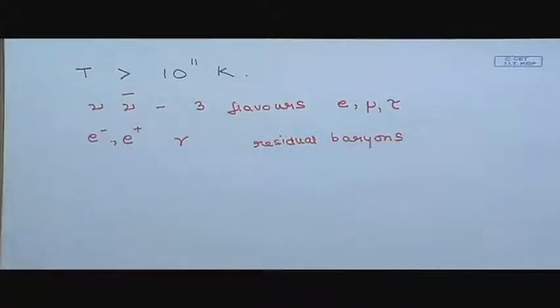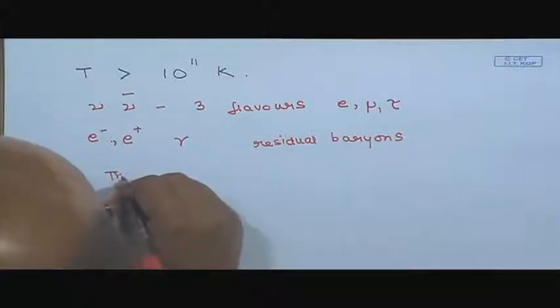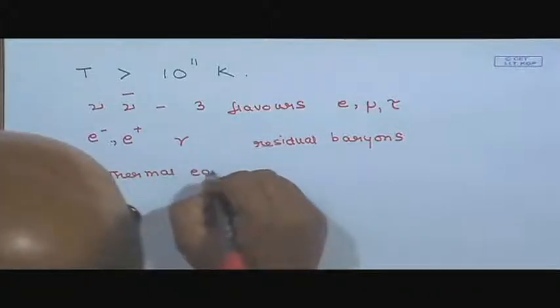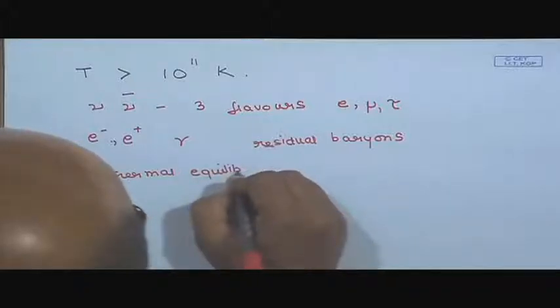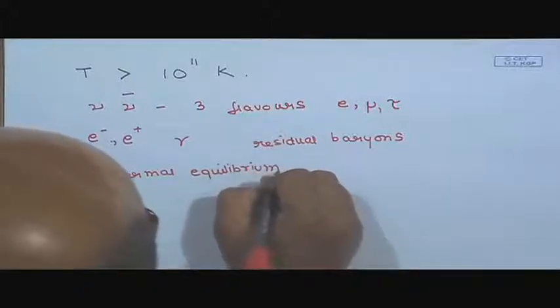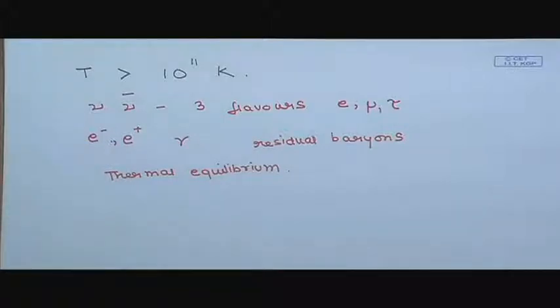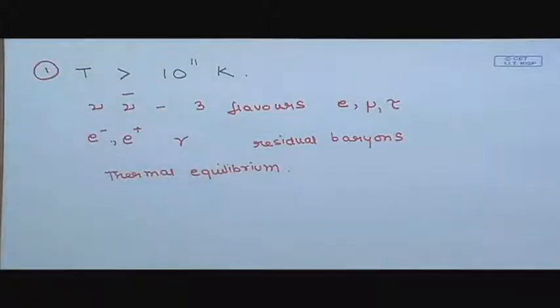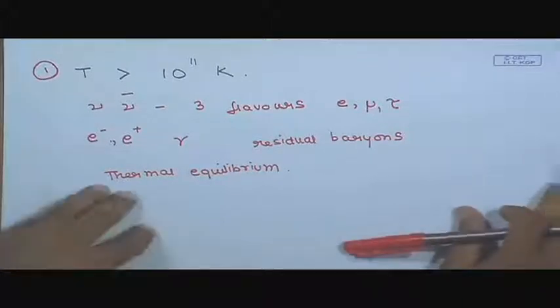Small quantities, all at thermal equilibrium. So, this is epoch 1 that we are going to discuss today, and we have discussed earlier also.